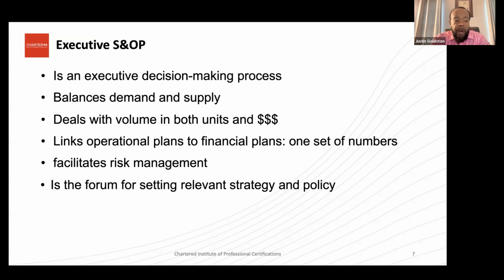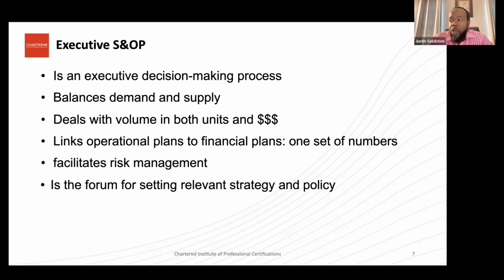So that all departments share this information with each other so that all of the departments can make effective decisions within the organization. So we also have to deal with the volume of our raw materials, deal with the volume of our finished goods, both from a unit perspective and from a dollar perspective.